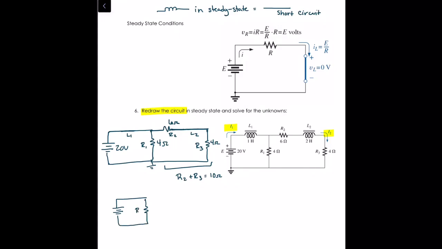I did not do anything with R1 just yet. So I'm going to remove the 6 ohm and the 4 ohm resistive branch, and replace it with their equivalent 10 ohm resistor. I'm going to just call that RA for now, and that's going to be 10 ohms.